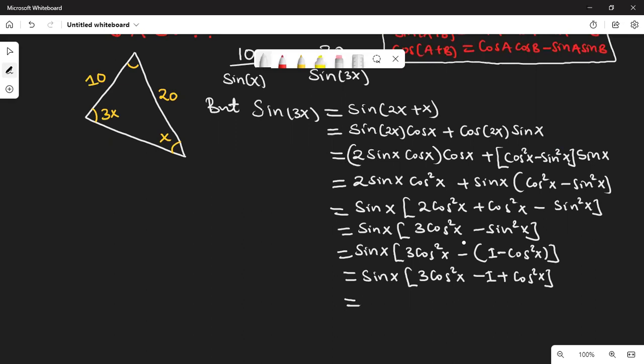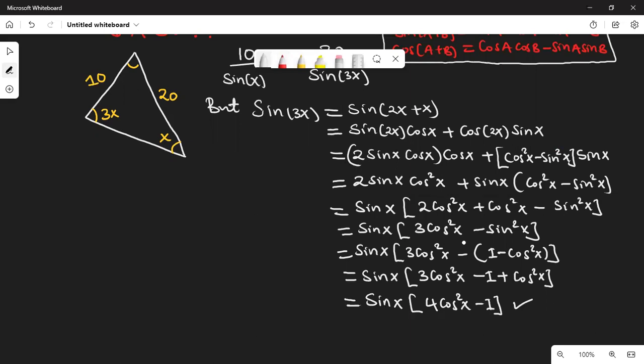That will give us 4 cos squared x. So this is the same as sine x into 4 cos squared x minus 1. So this is the expression for sine 3x. You see, we have expressed that as a product of sine x and cos x.